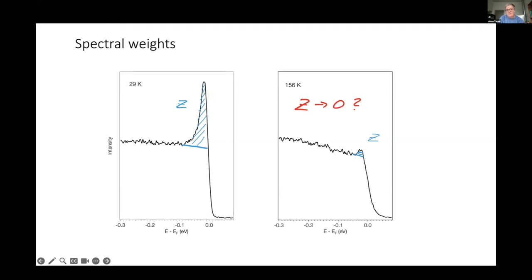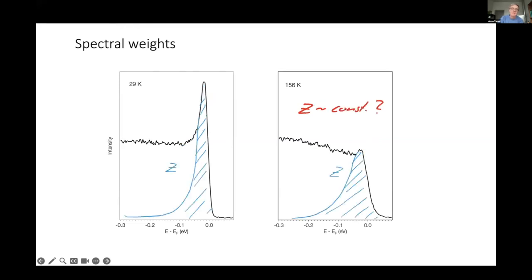The problem is that experimentally we have not much control and understanding of this background, and you could imagine that actually here the background goes down much faster to the Fermi level, and this could be your quasi-particle peak. And if you do the same at high temperature, you may find a background for which Z will be constant as a function of temperature.